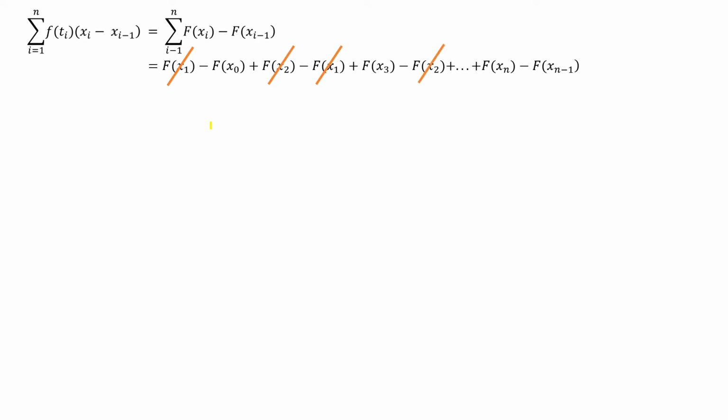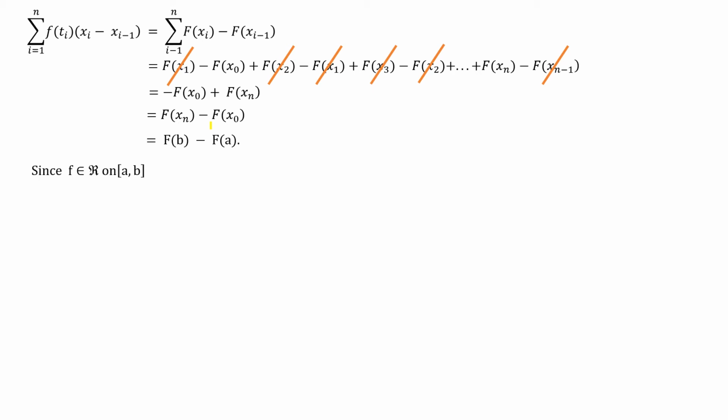Likewise, F of x sub 2's cancel out, and so on, leaving us with only this negative F of x sub 0 plus F of x sub n. Just rearranging this the other way so we have no negative leading coefficients, we get F of x sub n minus F of x sub 0. And that equals F of b minus F of a on that interval from a to b.